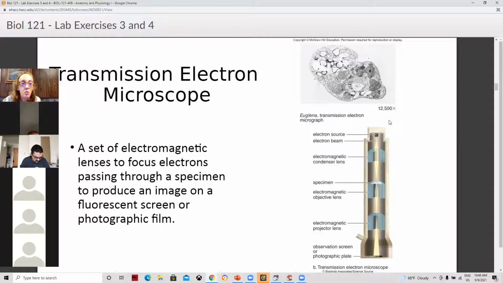And with the wavelengths of electrons, the detail, the resolution within the slide goes up exponentially.